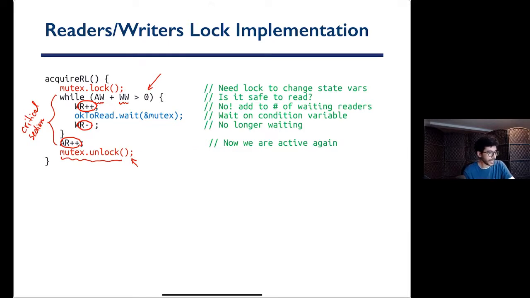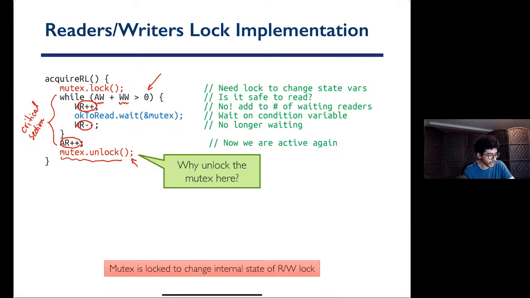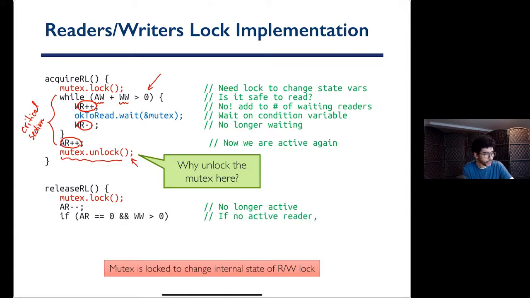Now let's look at releasing the reader lock. We're going to lock the mutex. We're going to do AR minus minus because we're done being a reader. So that's why we have called release the lock as a reader. So AR minus minus, no longer are we a reader. We're going to check now to see if there are no other active readers.